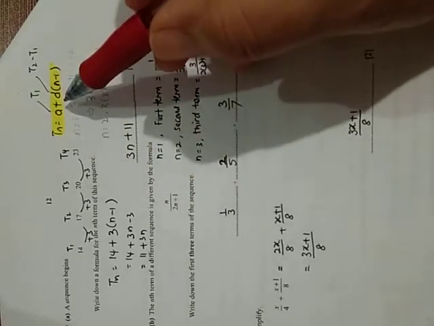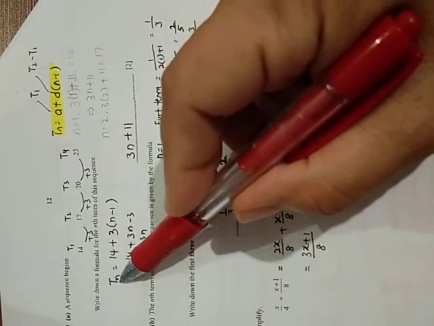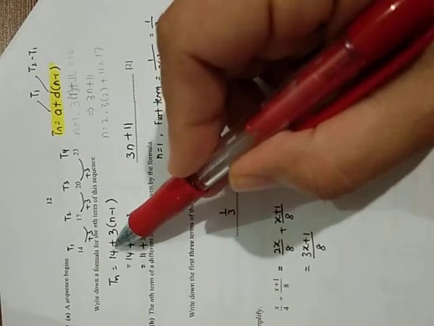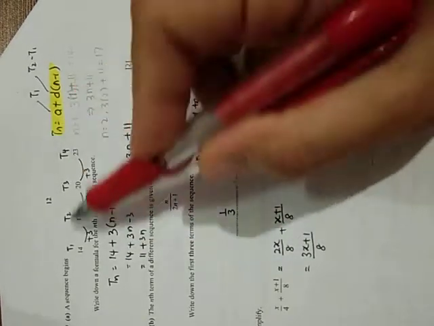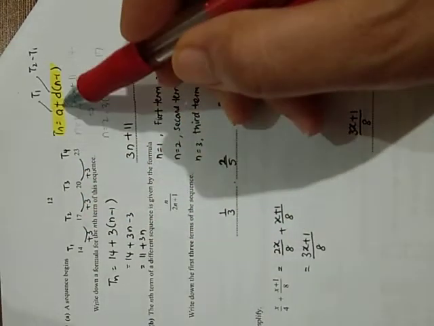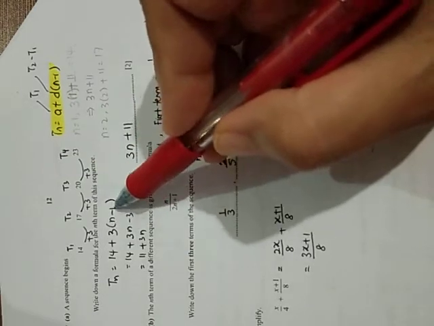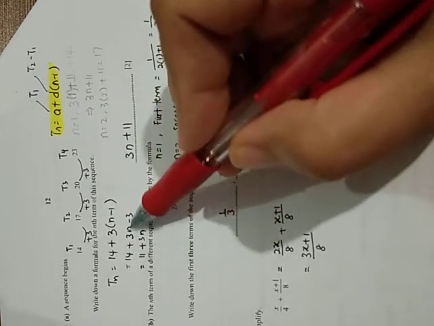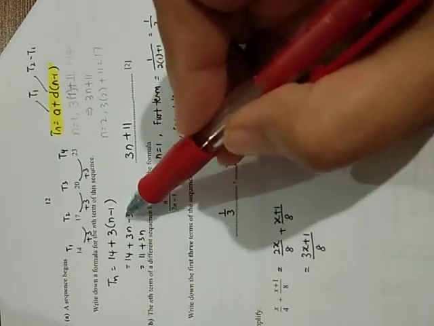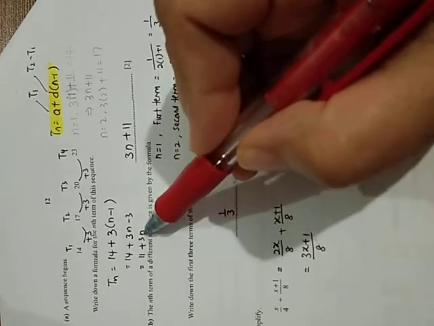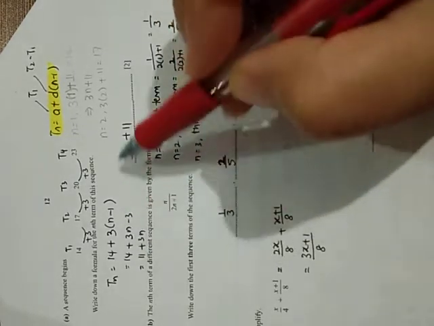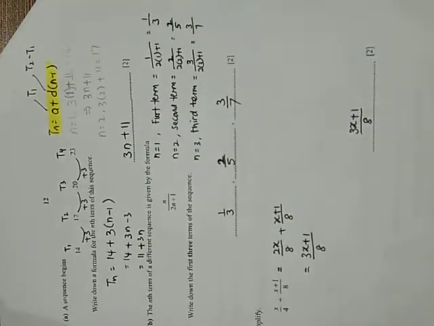If I use this formula, Tn equals 14 plus 3, the difference is 3, times n minus 1. Open up the bracket, you get 3n minus 3, so 14 minus 3 is 11, plus 3n. So this will be the answer.